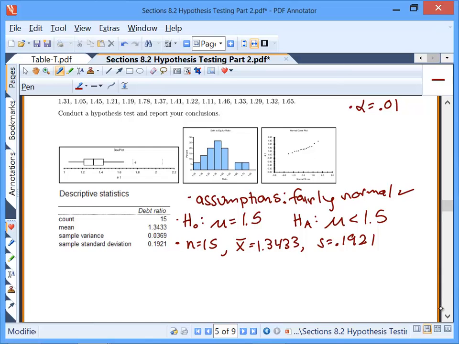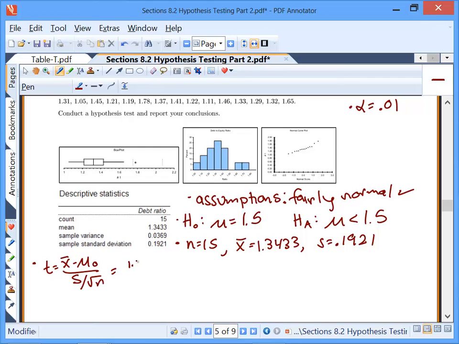What else do I need to do a hypothesis test? I need my t-value, so x bar minus mu naught over s over the square root of n.